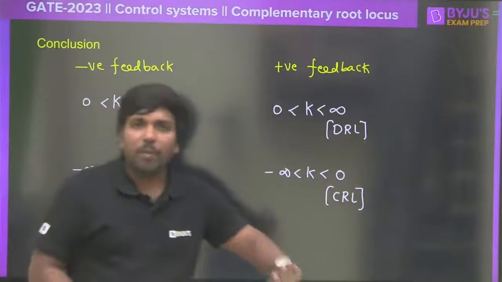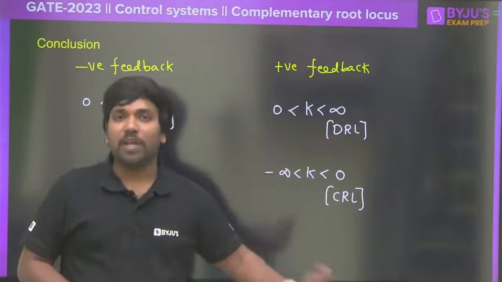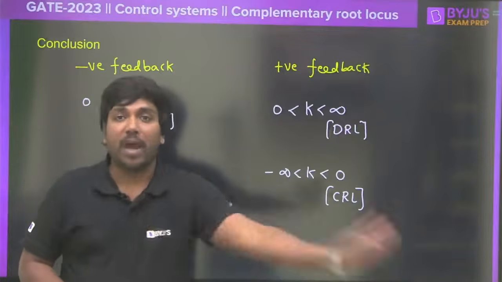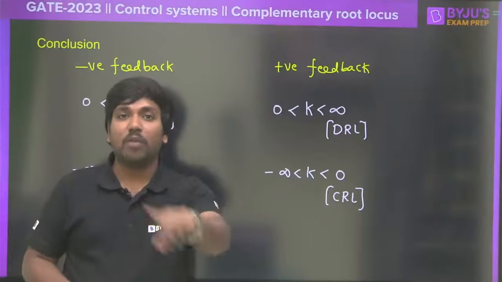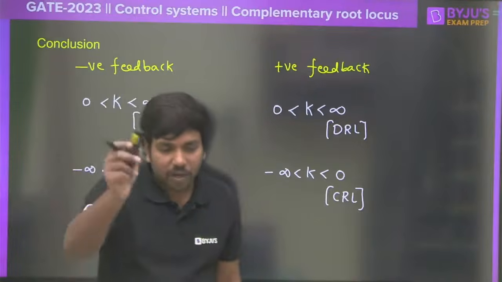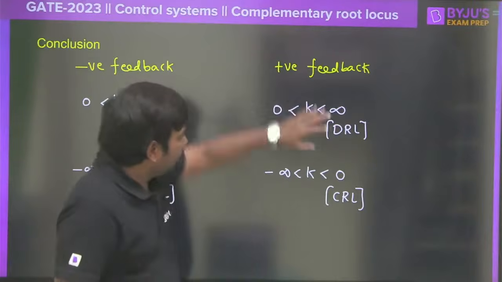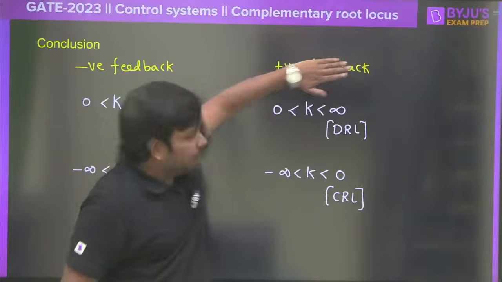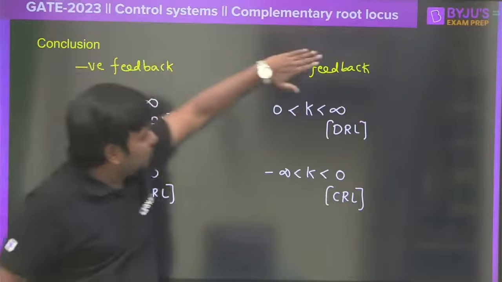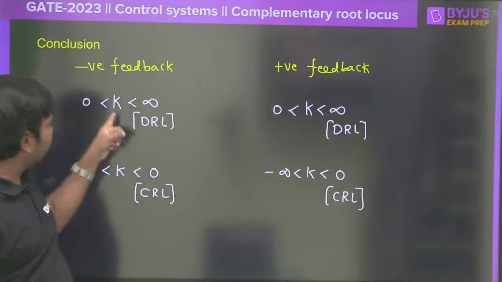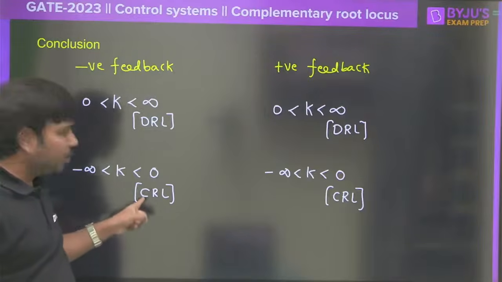So complementary root locus and direct root locus, technically at the fundamental level, don't depend on the feedback. They depend on the range of k. This is what I was mentioning earlier. G1, I think you are clear now, right? Even if I close positive feedback and negative feedback, our basics hold: 0 to infinity is direct root locus, minus infinity to 0 is complementary root locus.